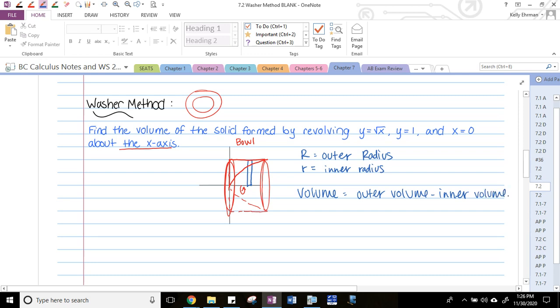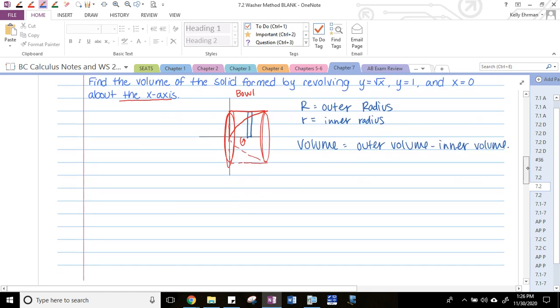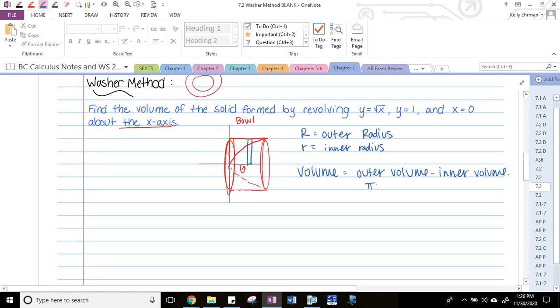In this particular problem, the outer volume is pi R squared minus the inner volume, pi lowercase r squared. You have all those little disks, and you're adding up a bunch of them from x equals 0 to x equals 1.